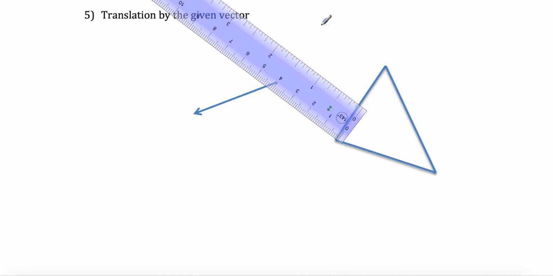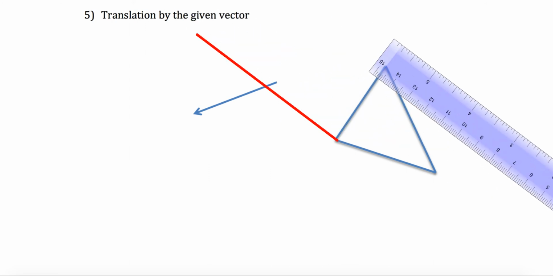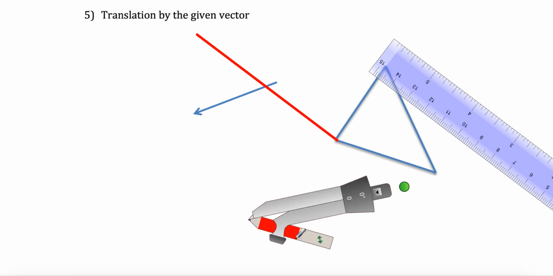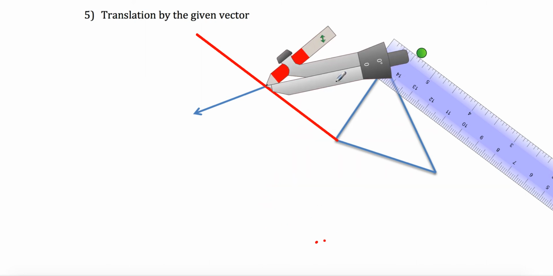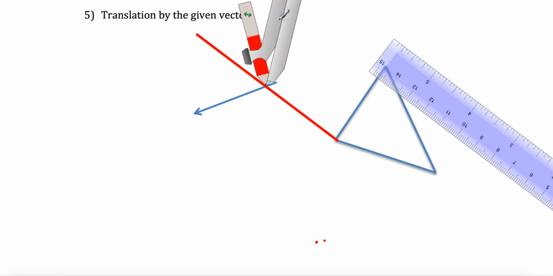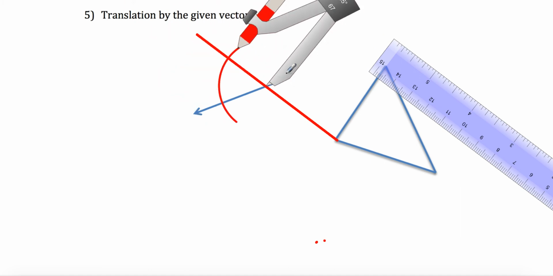First, I can draw any line that I can create an angle here, and I'm gonna get a compass.